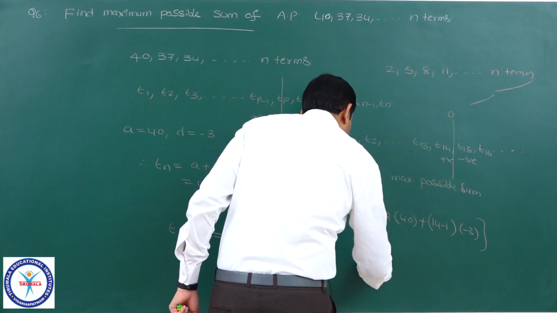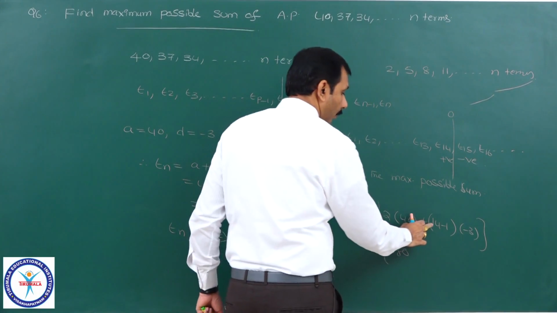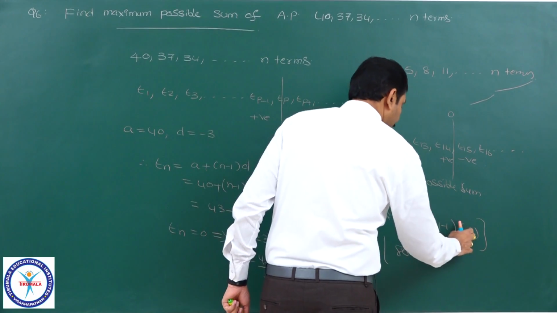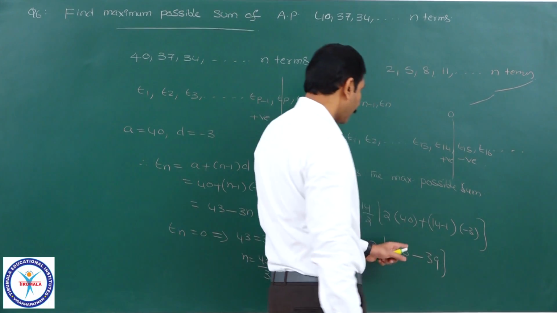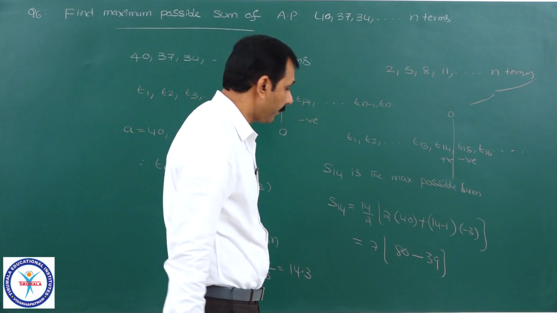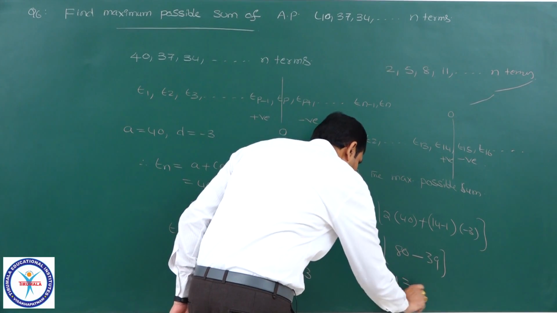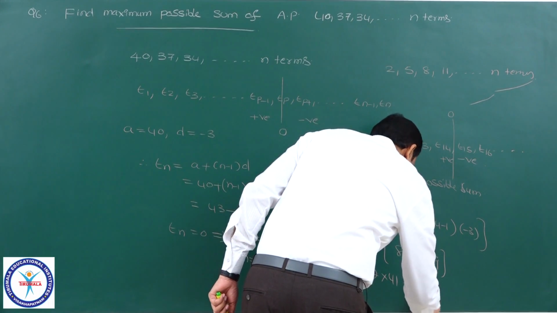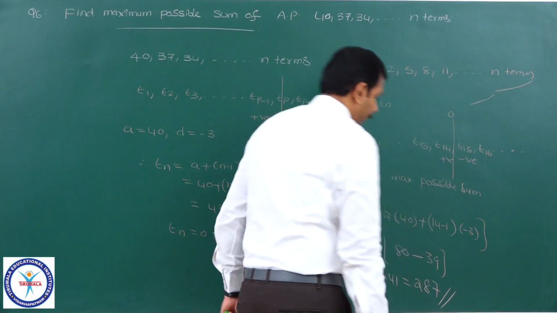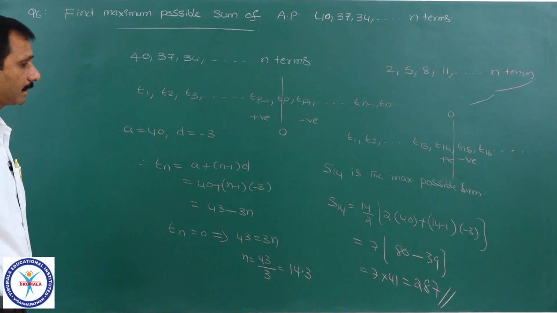It is equal to 7 into 80 minus 13 into 3, minus 39. 80 minus 39 means 41, it is equal to 7 into 41 equal to 287 will be the answer.